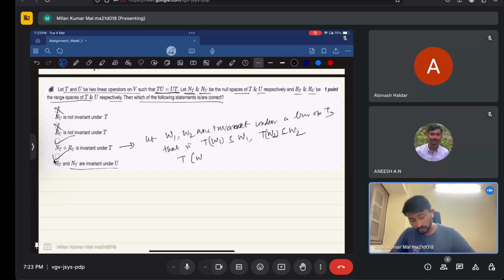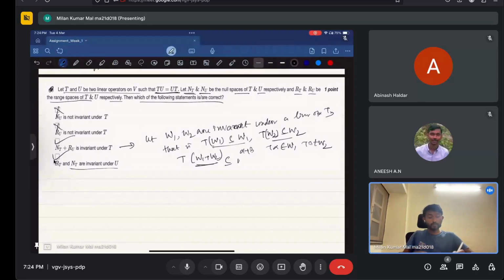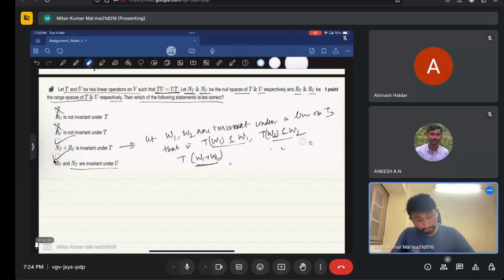Then consider T on W1 plus W2. T is a linear operator, so take any element from here, something like alpha plus beta. Then T alpha is again in W1 and T beta is again in W2. Therefore W1 plus W2 is mapped into a subset of W1 plus W2. So this is also correct.